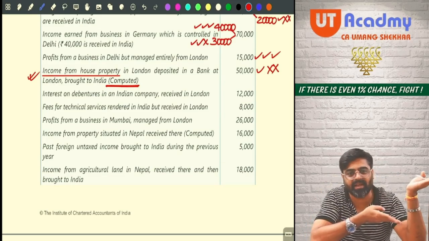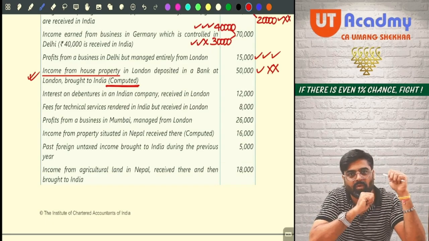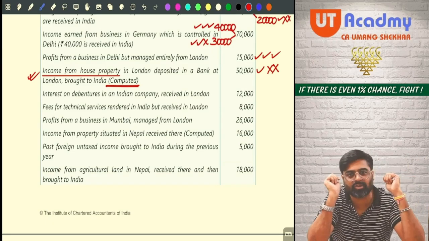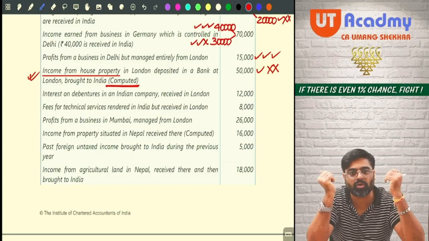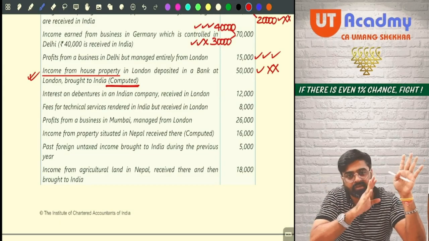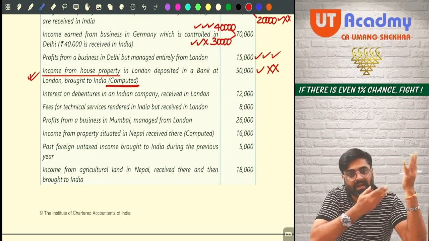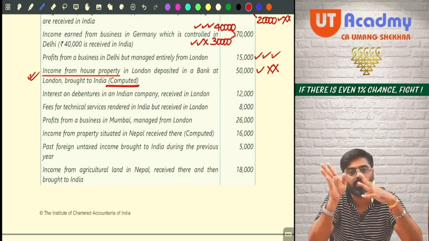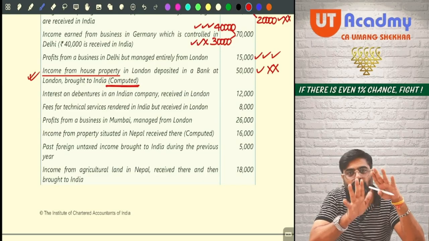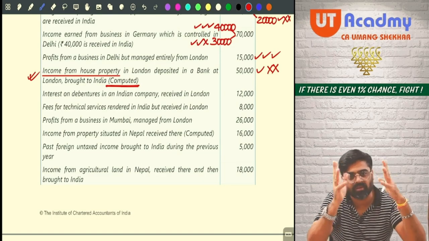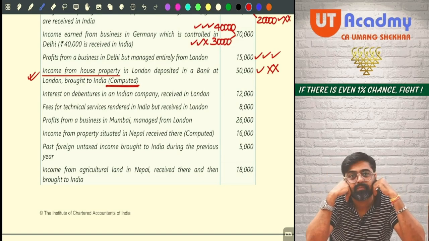Indian company is a resident who has taken a loan from you and against that debentures are issued. Debenture is what? A loan instrument, no? So the resident has taken a loan from you and on that loan, the resident is giving you what? Interest. Usually, any interest coming from a resident is deemed to accrue or arise in India.